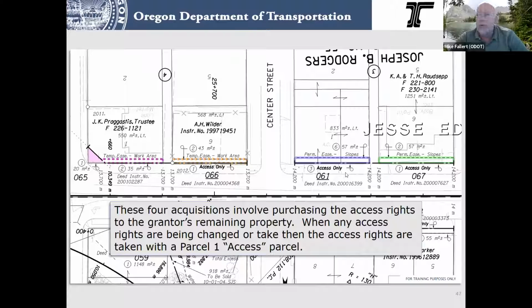So anytime we're going to change or acquire access rights in any way along a property, we now put in a parcel 1 and call it access. That way the appraisers right away, everyone knows that there's a change happening and they need to compensate, address the change in their access right.